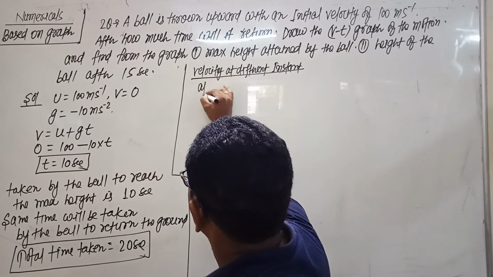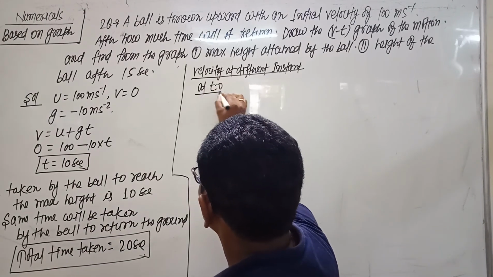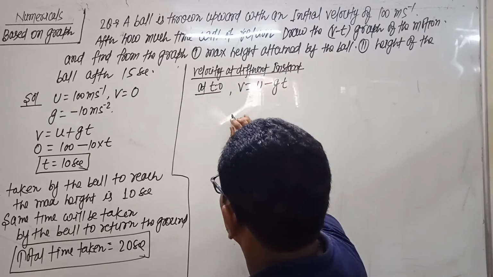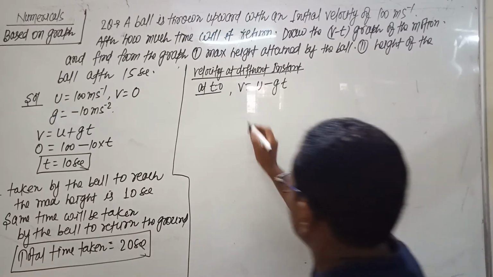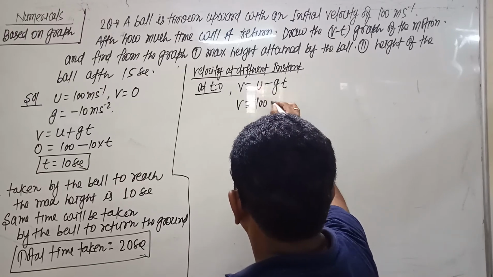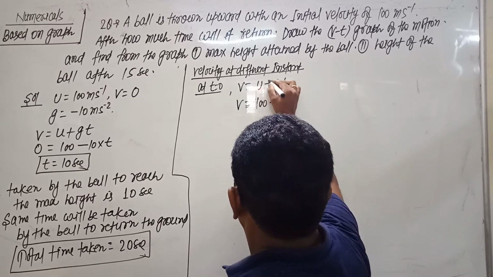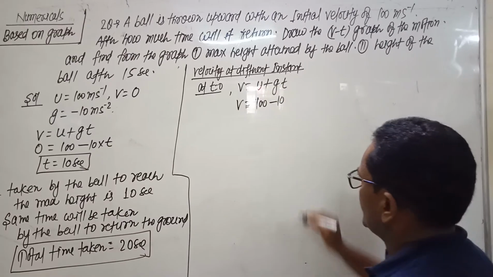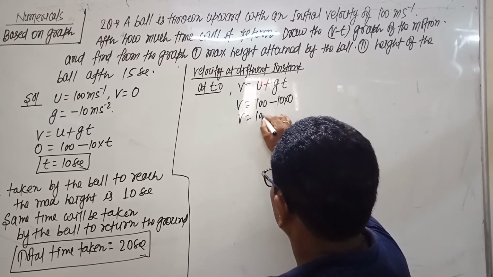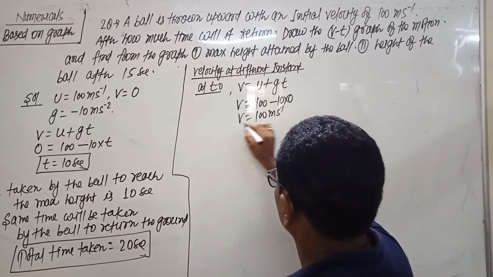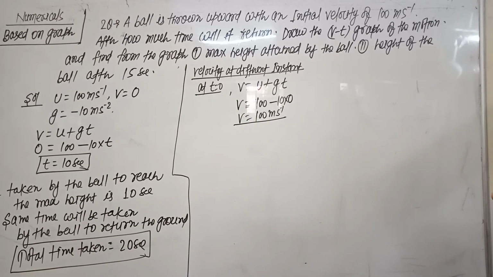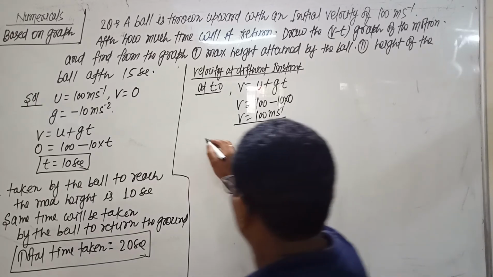At t equals 0, use the formula v equals u plus gt. v equals 100, and g is minus 10, into 0. So velocity is 100 meter per second. At time t equals 0, the initial velocity is 100 meter per second.